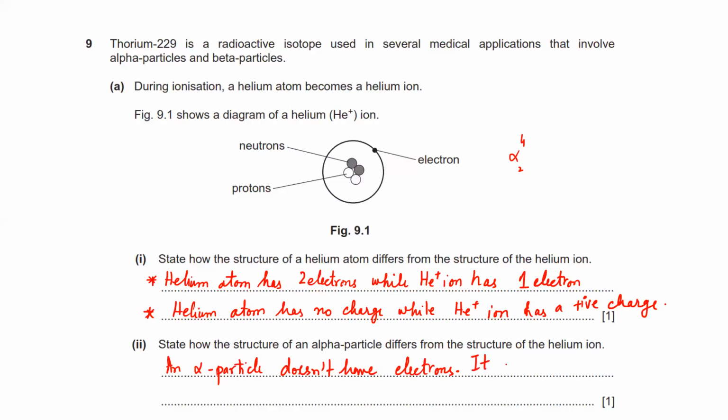It has a charge of +2 and contains only protons and neutrons. Okay, so that is how an alpha particle differs from a helium ion.